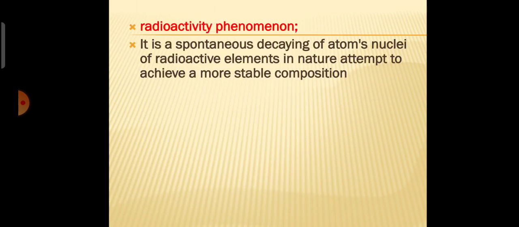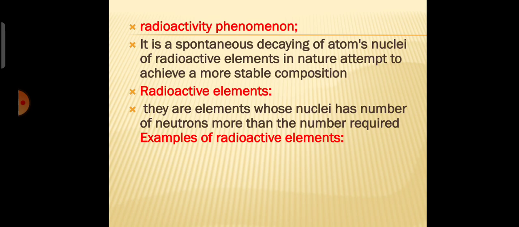The radioactivity phenomenon means the spontaneous decaying of the atomic nuclei of a radioactive element in nature, attempting to achieve a more stable composition. This is related to the nucleus containing a large number of neutrons.